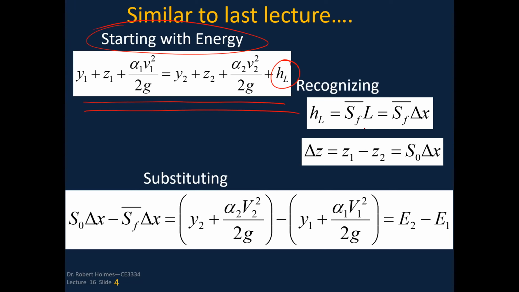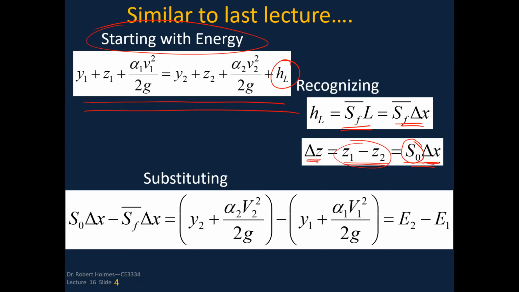And that head loss, again, was the friction slope times L, or delta X. We can also recognize that delta Z is nothing more than Z1 minus Z2, or you could also say that that's the bed slope times delta X. Basically, that's a way to express how the bed elevation changes, as the bed slope times the distance.